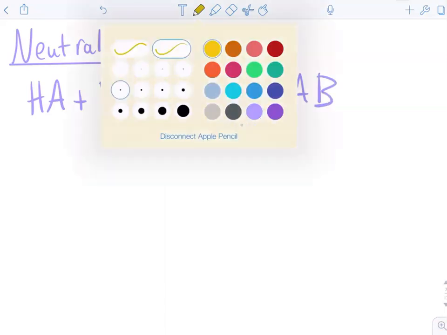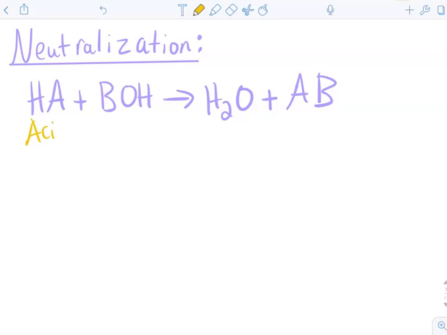So HA is our acid. So it will have hydrogen and then something else with it. Our base is this BOH. The B will change, but the OH will stay the same, plus water, and then AB is going to be some type of salt. It's just where the A and the B are coming together.